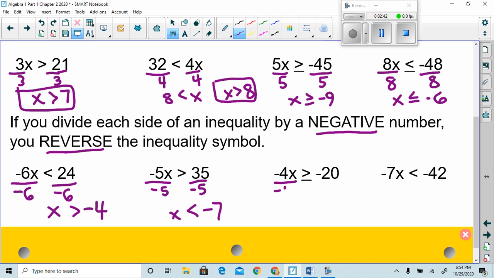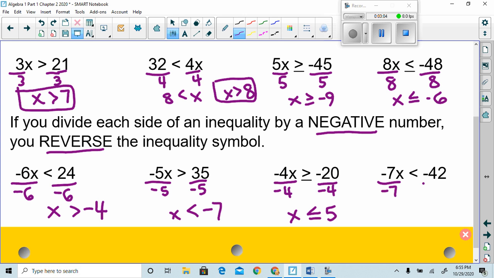Third problem, let's divide by negative 4. As soon as you hear me say divide by negative 4, I'll reverse the direction of my inequality. Negative divided by negative gave me positive. Fourth problem, negative 7x is less than negative 42.